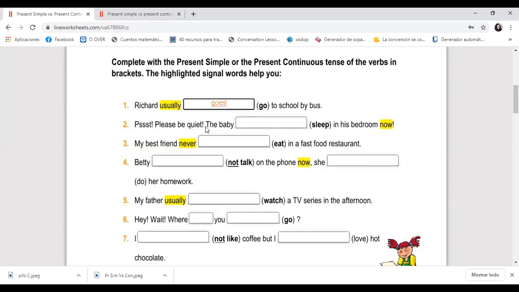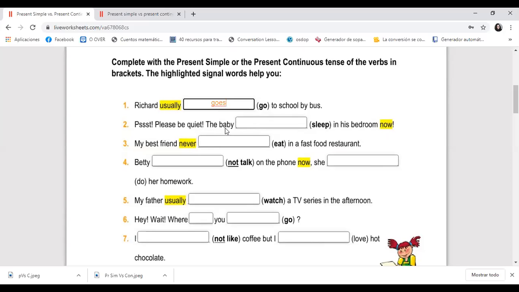Please be quiet. The baby, we have to use the verb sleep, in his bedroom now. Here you have to imagine that the mom is talking. Probably the children are playing there in the living room, and mom says, please be quiet.